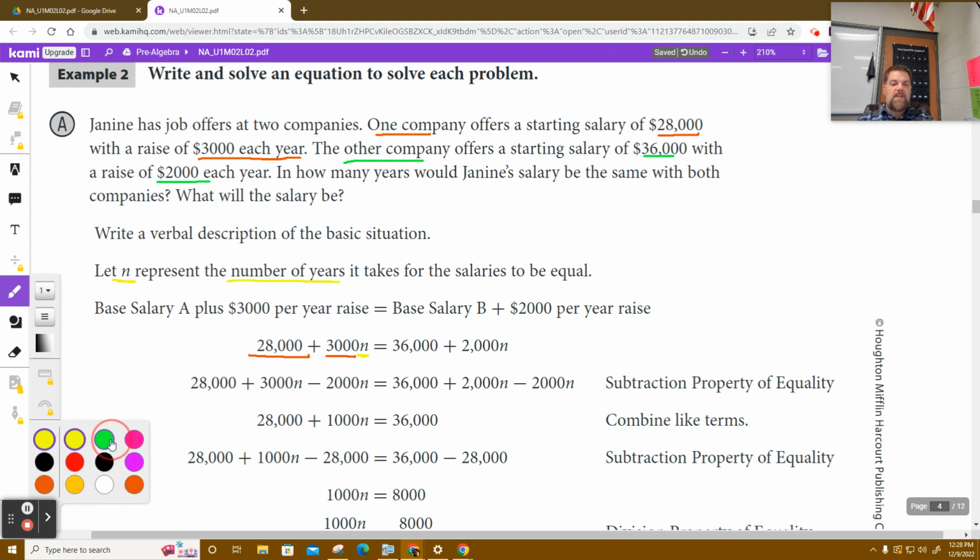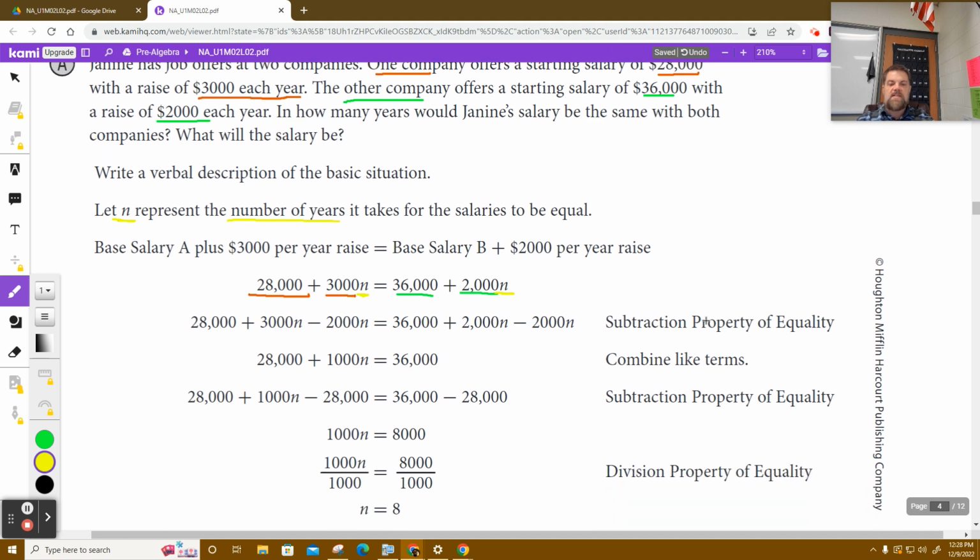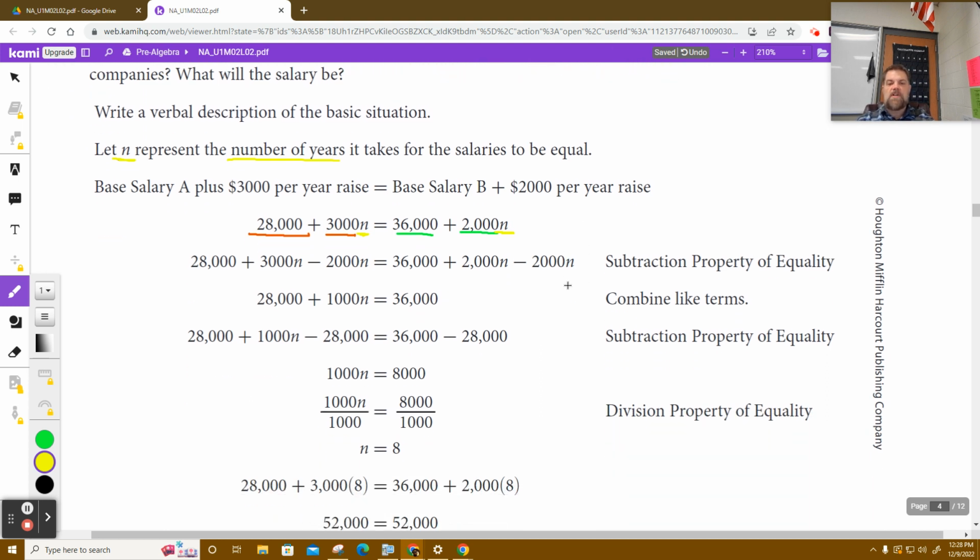Now the other company, they start off with $36,000, and they're going to pay you $2,000 a year for a raise, and you're going to figure out when, after a certain number of years, the salaries are equal. In order to solve this, you need to make this look like n equals some stuff. Now the stuff will be a number, and that gives you the number of years to where they equal each other.